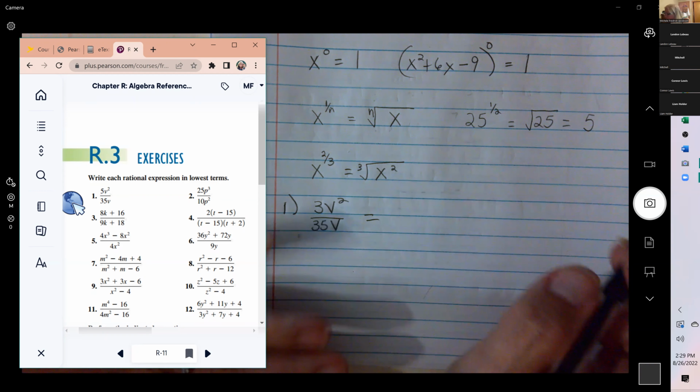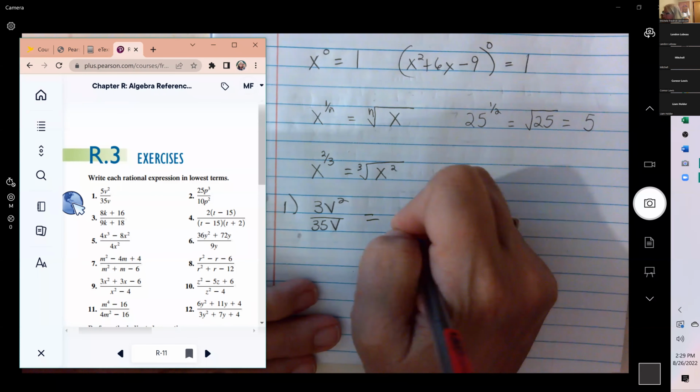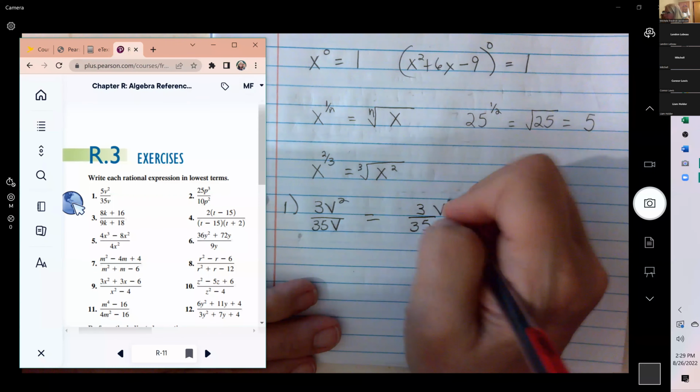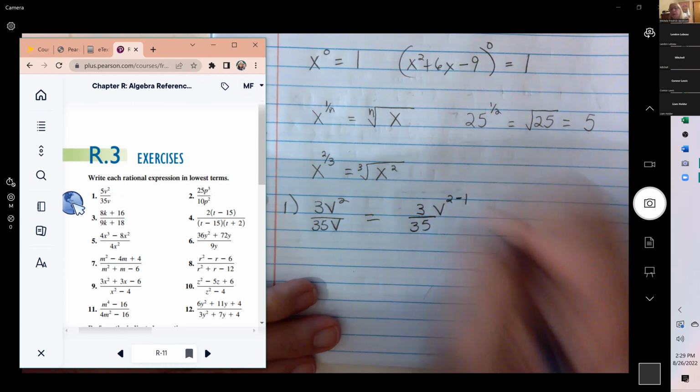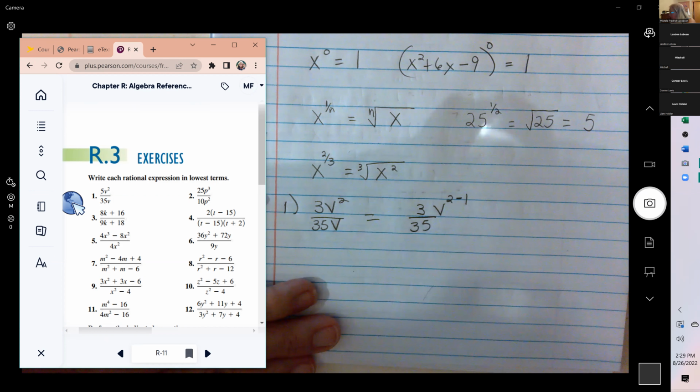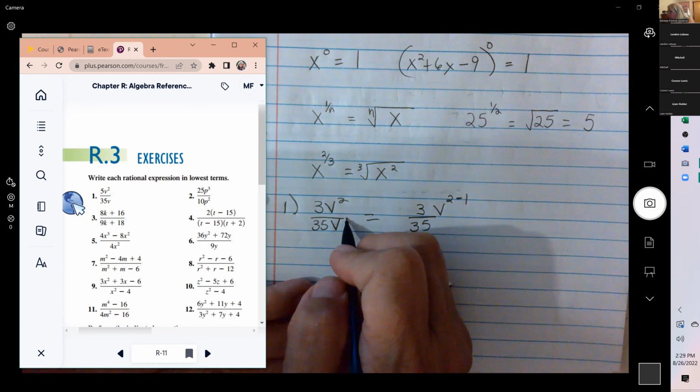If we use the rule, it would be top minus bottom. And when there's no variable in the exponent, remember, it's a 1. So this would be v to the first.